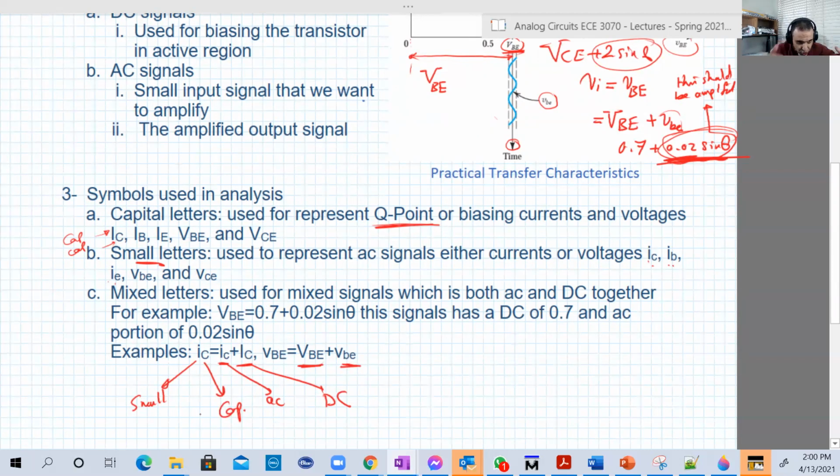To make it more convenient, take this example: v small B capital is equal to 0.7 plus 0.02 sine theta. This is v small b small, this is V capital B capital, and this is v small B capital, where the subscript is capital.